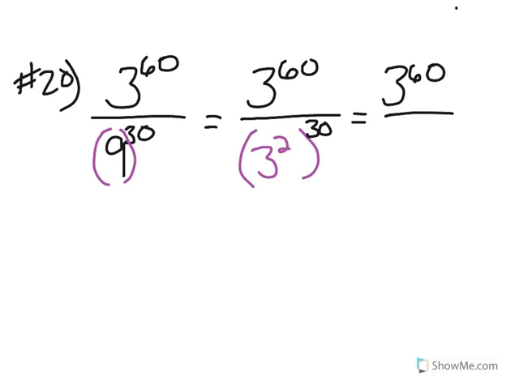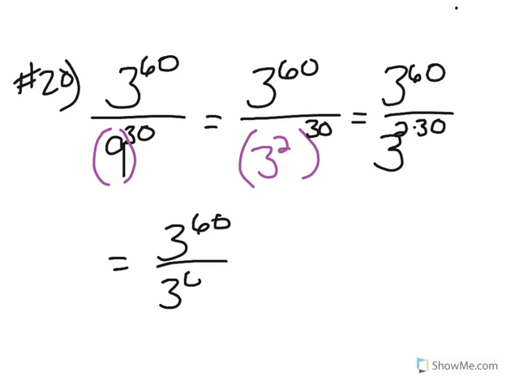Using the power to a power property, 3 squared to the 30th is going to be 3 to the 2 times 30, which is going to be 3 to the 60th divided by 3 to the 60th. Anything divided by itself is 1, with the exception of 0, which you cannot divide by itself. Lovely.